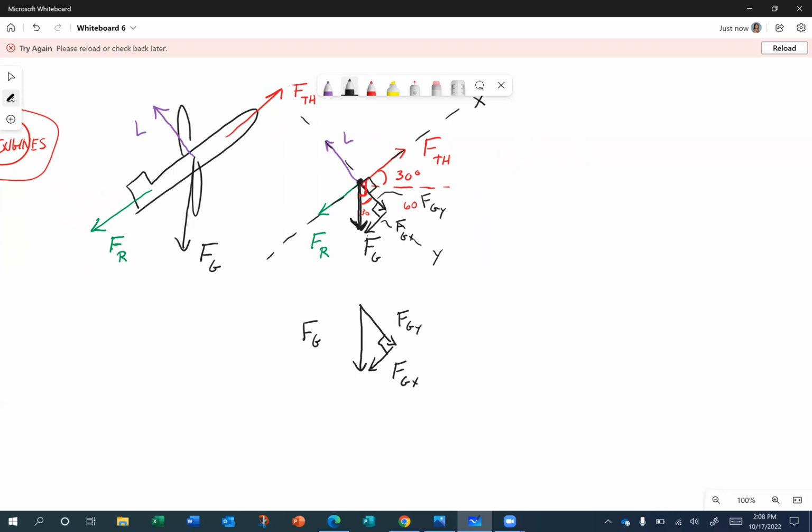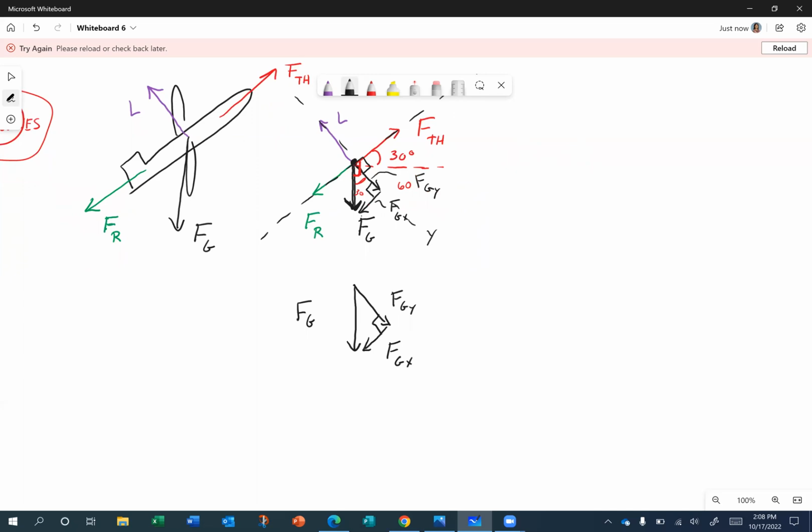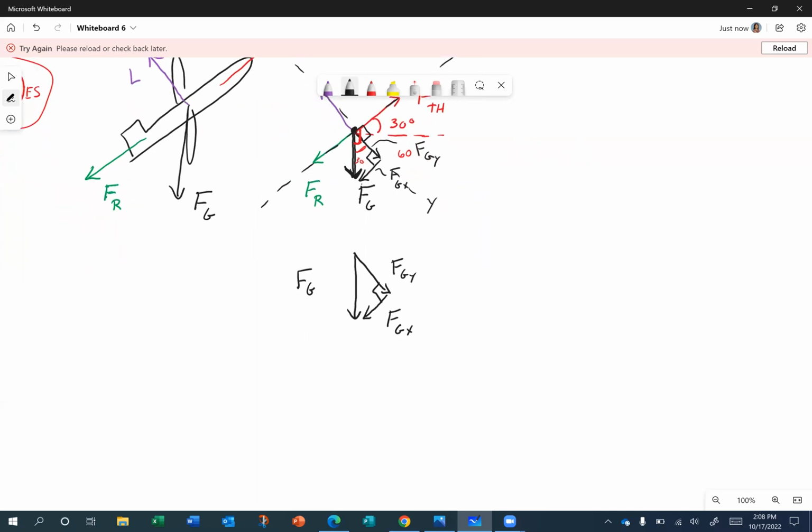So the key is to look at those two components and decide what they equal in terms of the original vector and the angle. Since this is my right triangle, FG becomes the hypotenuse, FGY becomes the adjacent side, and FGX becomes the opposite side. The cosine of any angle is equal to the adjacent side, which on our picture is FGY, divided by the hypotenuse, FG.